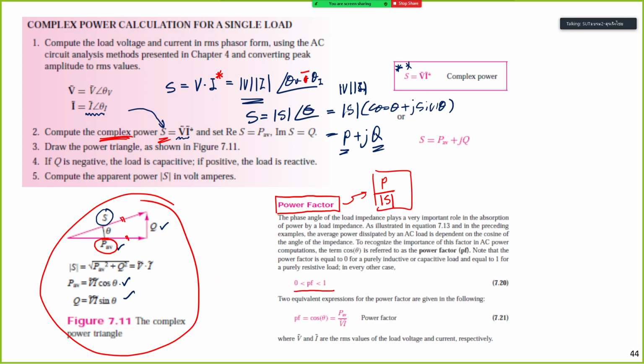So I would like to focus on the complex power. Maybe I'll just skip to the example that helps you know how to solve the complex power.